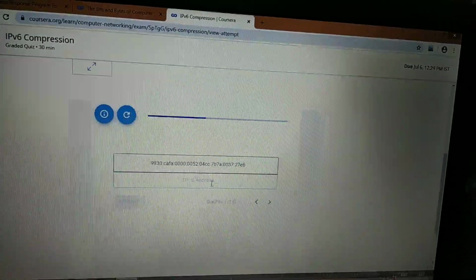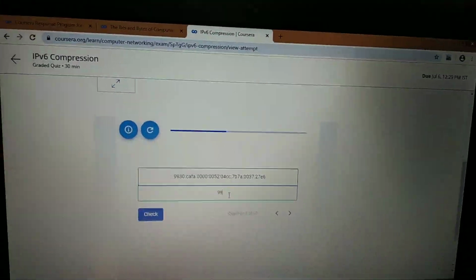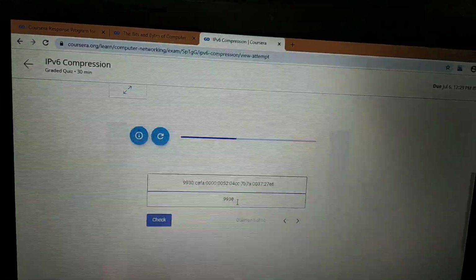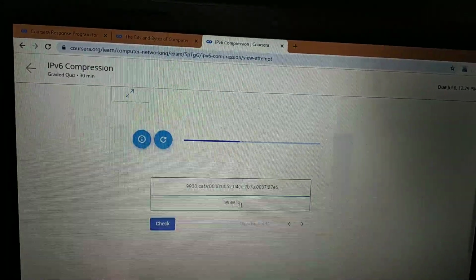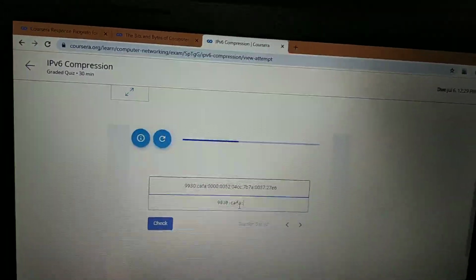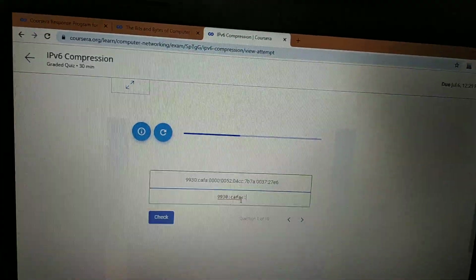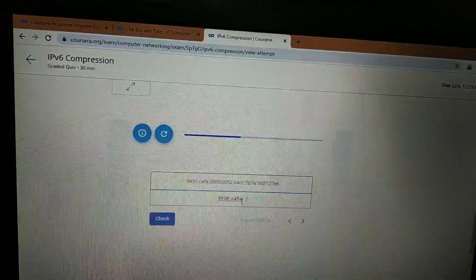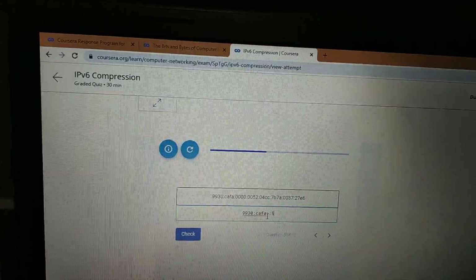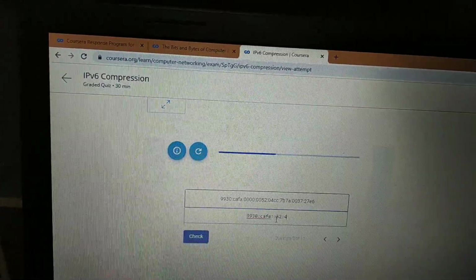This is also the same, 9930 colon CAFA colon, and we are having 4 zeros, so colon, and eliminate that term, 2 zeros, 52, and eliminate that 0, 4 double C.